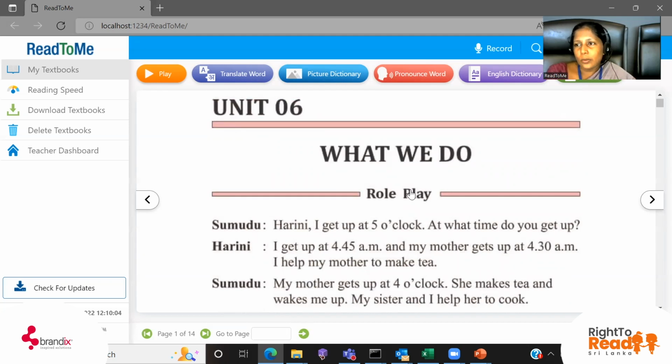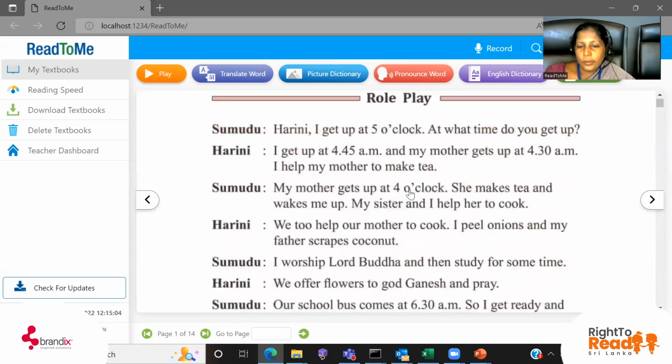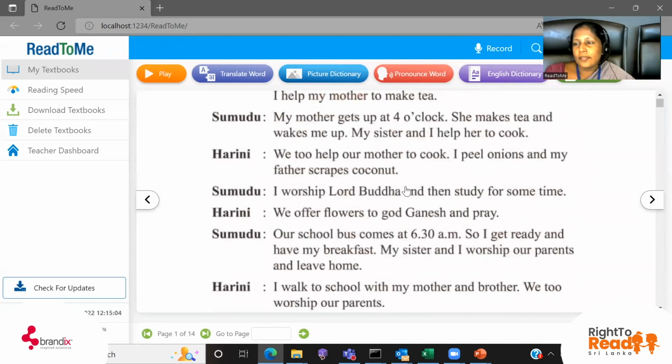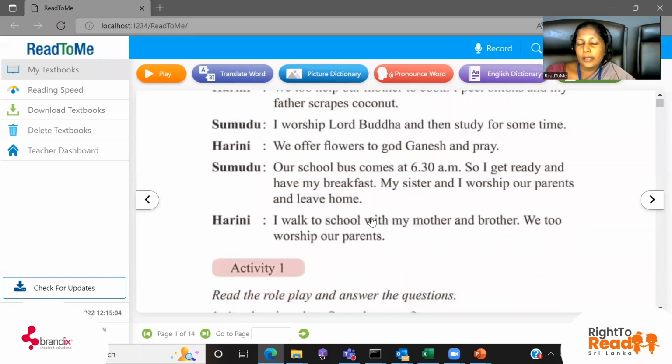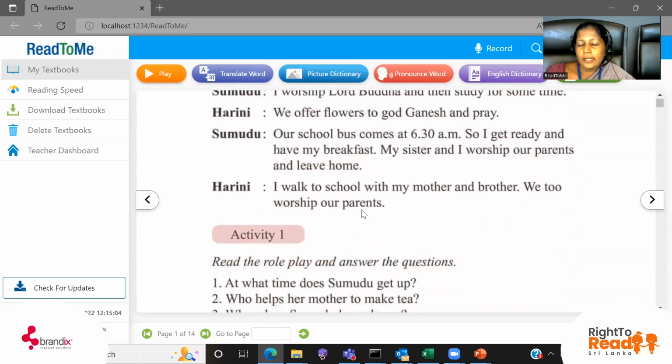What are the things we do? At what time you get up, and at what time you have your breakfast, and at what time your mother wakes up, at what time your father wakes up, and what time your mother is preparing breakfast for you, and what time your mother is preparing tea for you. Actually, we have certain rituals, worshipping according to our religion, and how we go to school, right?